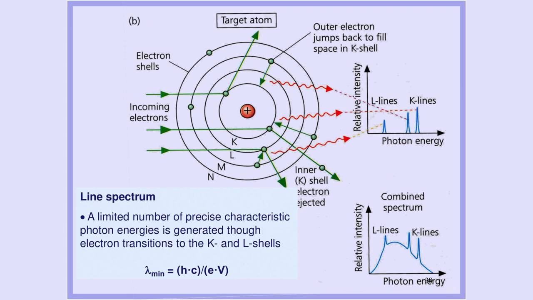Photon energy equals the Planck constant times the line frequency. So, when we take these two together, we obtain the short wavelength cutoff of an X-ray beam.